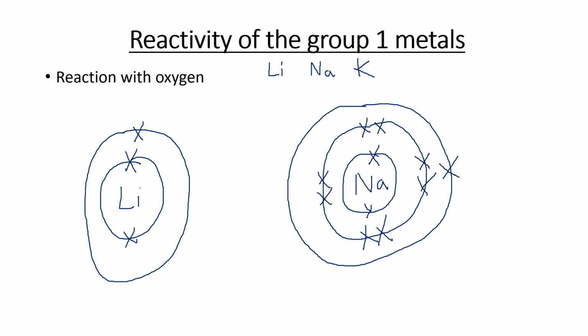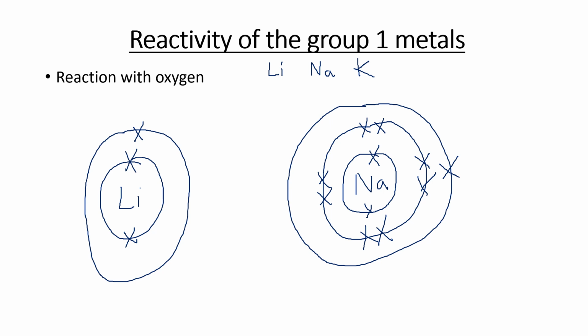The difference between lithium and sodium, and you could extrapolate this to potassium, is hopefully you can see that this outer shell electron is further from the nucleus. And remember, the further the electron is from the nucleus, the less hold the nucleus has on that electron. So the sodium nucleus has less of a pull on this outer shell electron, it can hold on to it less tightly, but also you have the shielding effect of these inner electrons, which is greater.